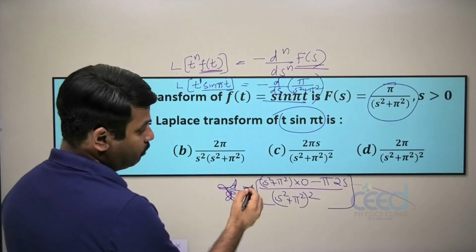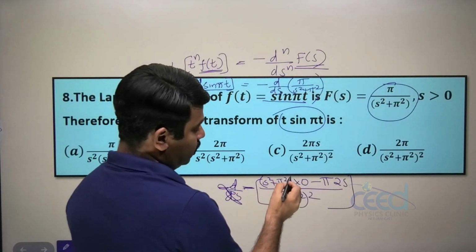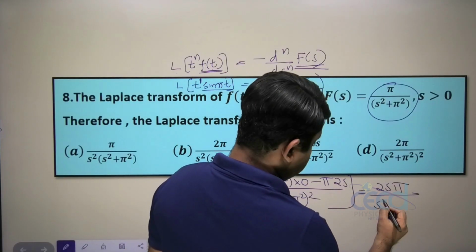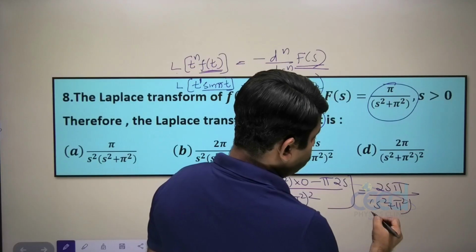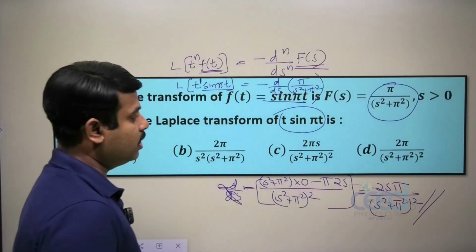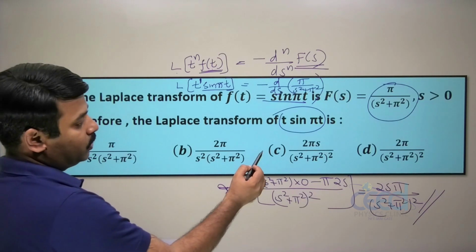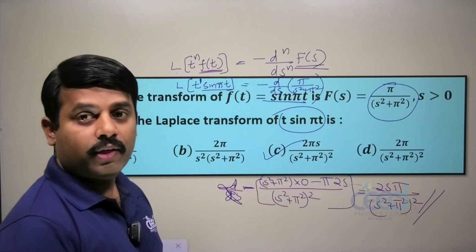This part is 0, then 2s pi divided by s square plus pi square whole square, right? So this is the answer, 2s pi divided by s square plus pi square. Option C is correct, right?